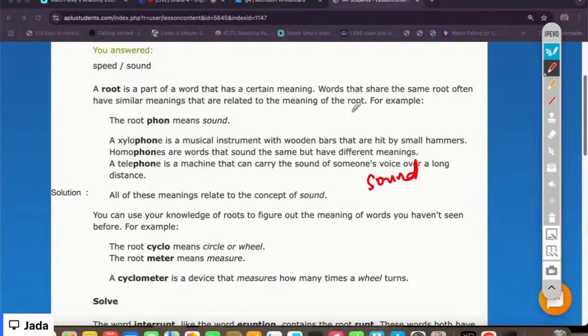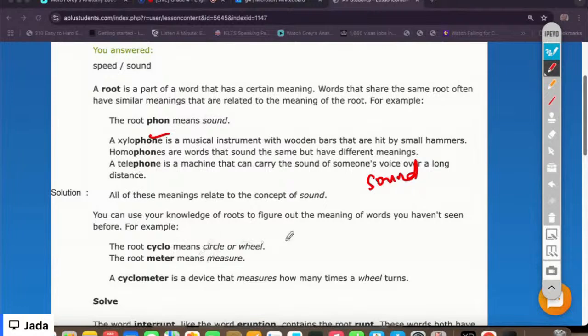A root is a part of a word that has a certain meaning, so the root here is phone. You can use your knowledge of roots to figure out the meaning of words you haven't seen before. The root cycle means cycle or wheel.